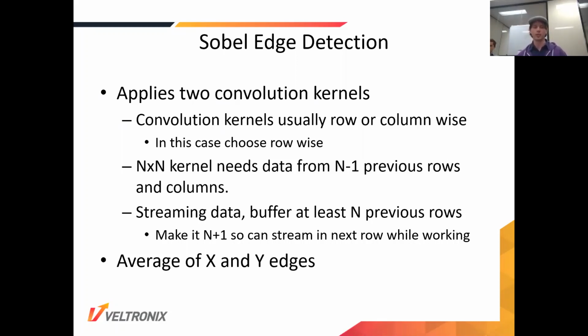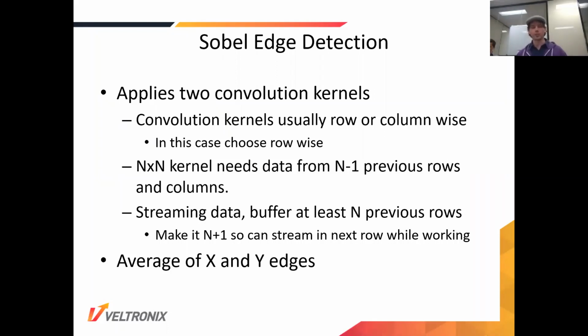In this instance, we're choosing to do the calculation row-wise, which means that if we're applying an n by n dimensional kernel, we need to have at least the last n-1 previous rows and the current row. So we need n rows of data to do our process.